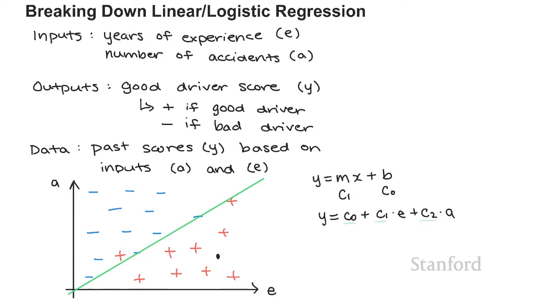So for example, if we first started with a guess that C0 was supposed to be 200 and C1 was 100 and C2 was 0, then you would plug in all of the data points that you already have to test if it works well.